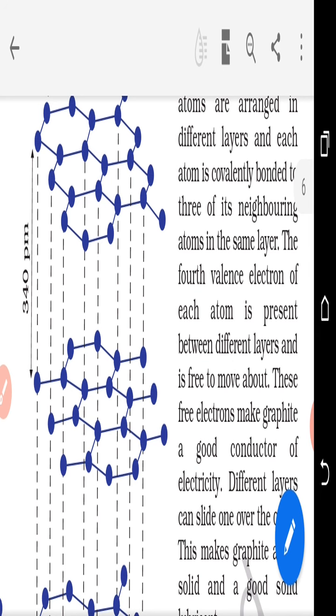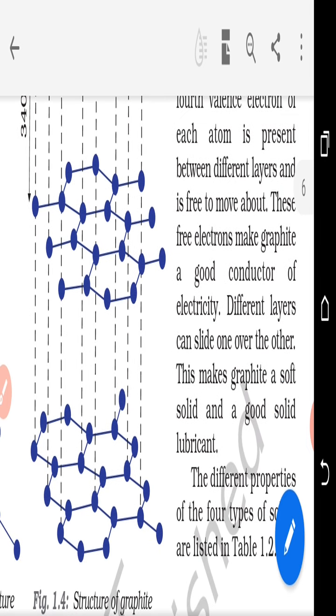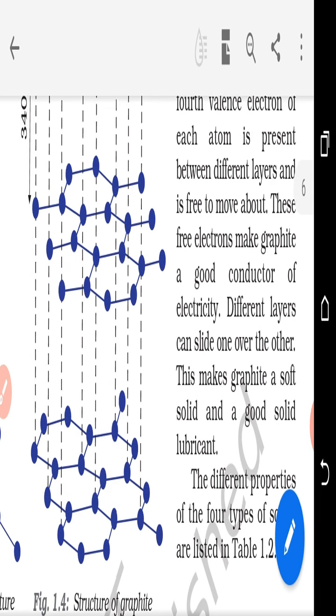The different layers are held by weak van der Waals forces, which can very easily be broken, and hence graphite is soft in nature and is a very good solid lubricant.